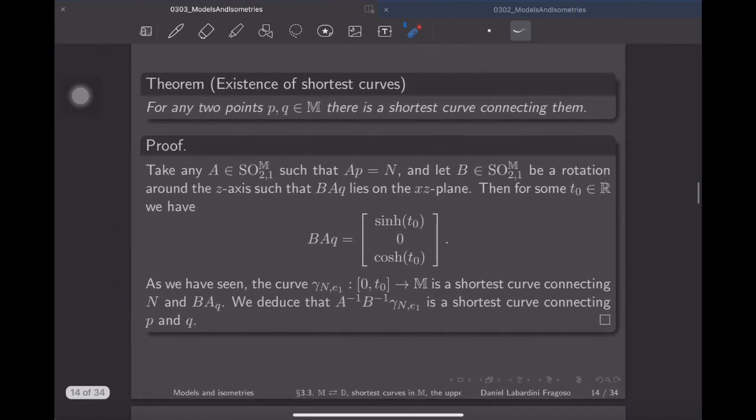Okay, let me go with the order I have here. For any 2 points, there is a shortest curve connecting them. Right now, notice I have my candidate curves that I already showed are shortest curves, but I still haven't established that with these curves I really can go from any point to any point.